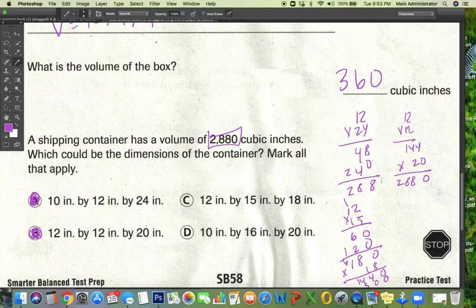That's a 0, that's an 8, and that's a 1. So I've got 1, 4, 4, 0, and 1, 8, 0, 0. Adding it up. Ran out of room there. Oh, I can already tell this is too big. Okay, so that's out. And then the last one, 16 times 20. 12, 2, 3, and if I multiply that by 10, I'm definitely not going to get that, so no. All right, that's it for SB 57 and 58.